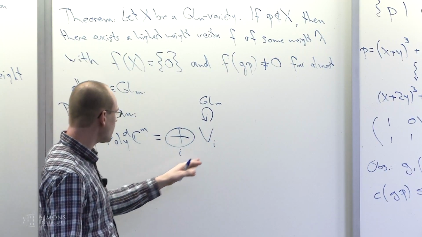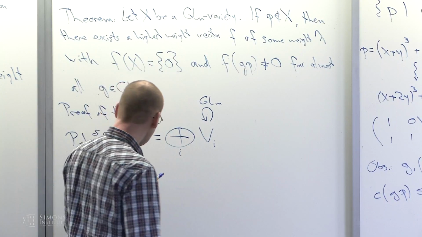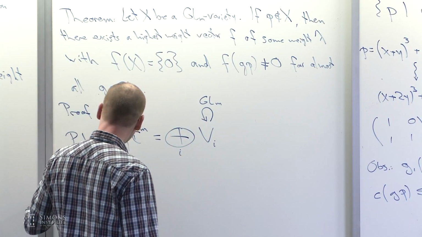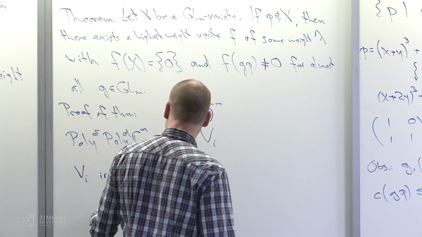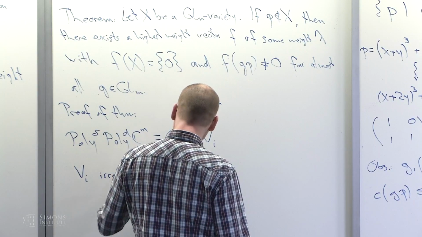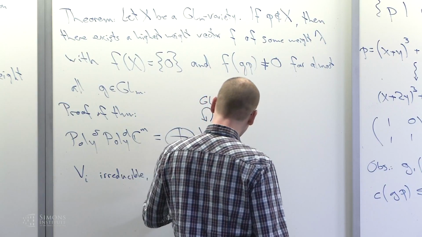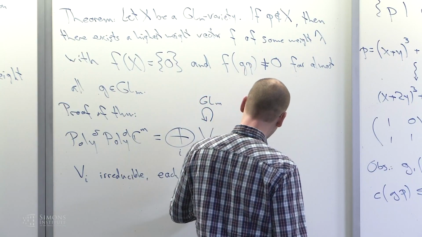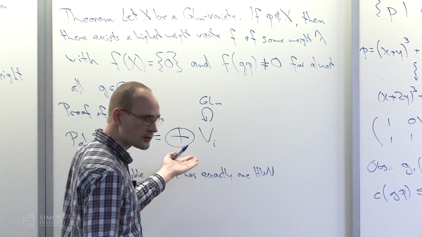But now each one has a type. Each V_i is irreducible, which just means that you cannot decompose them further into this direct sum. And each one has exactly one highest weight vector of some type lambda, but you might have several ones.